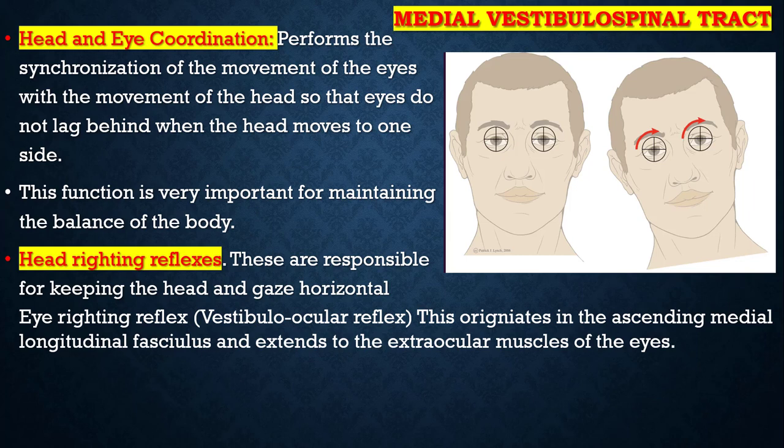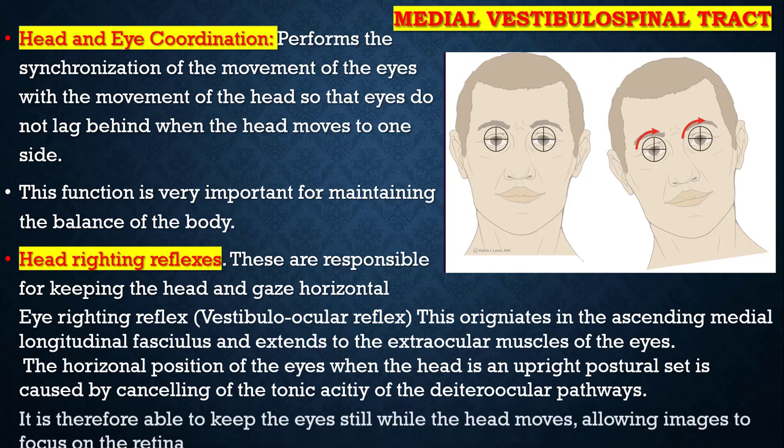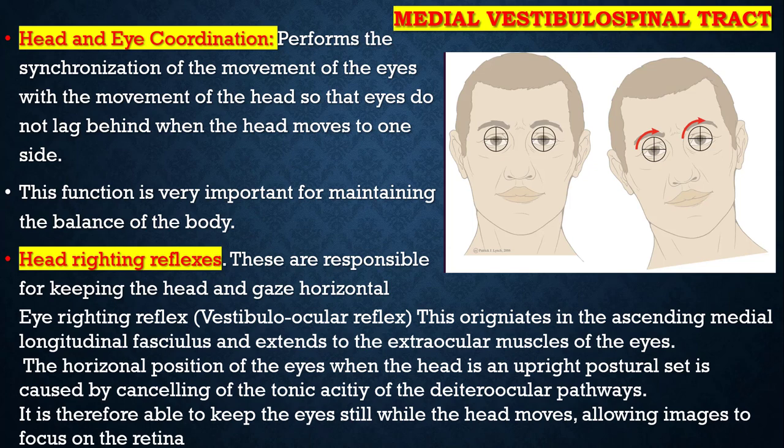The horizontal position of the eye when the head is in an upright posture is set by cancelling the tonic activity of the descending pathway. It is therefore able to keep the eye still while the head moves, allowing images to focus on the retina.